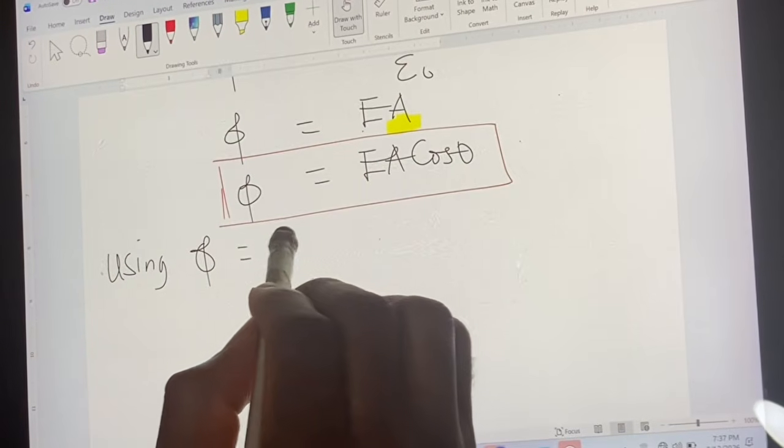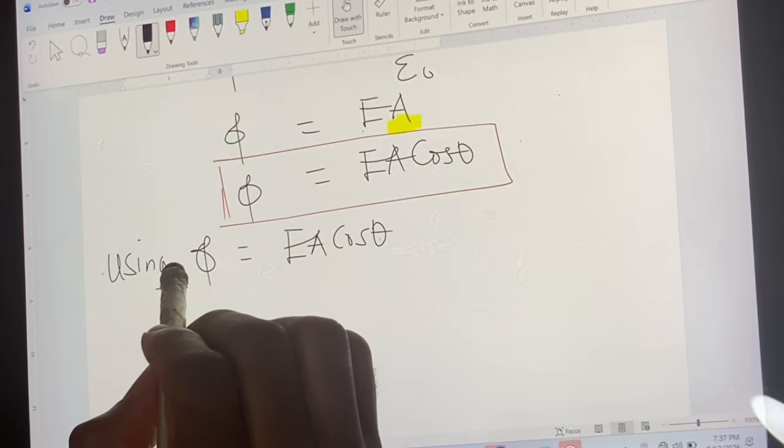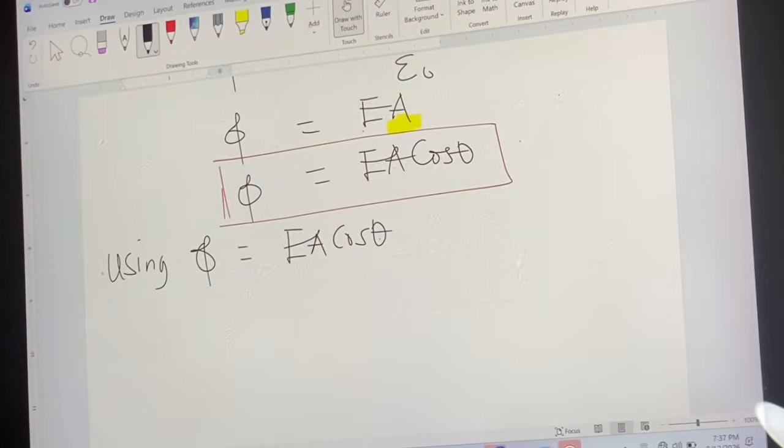Using phi equal to EA cos theta, from the given parameters we know that E is electric field, A is area, and it depends on the shape in that particular question. Please take notes. The theta here is the angle.